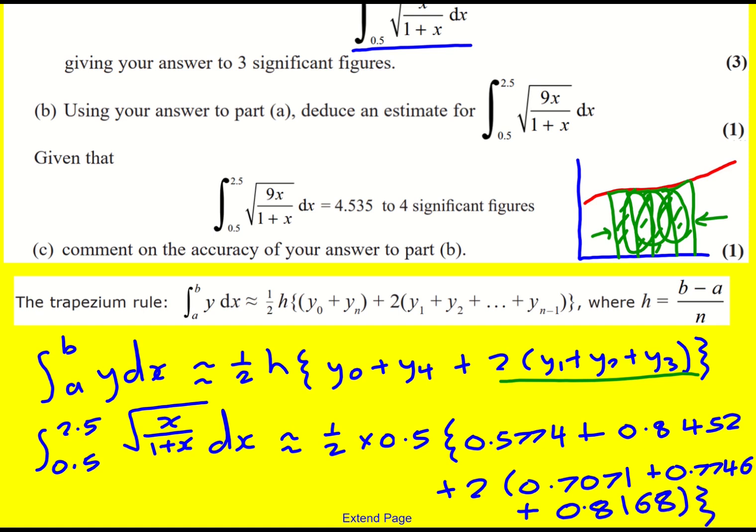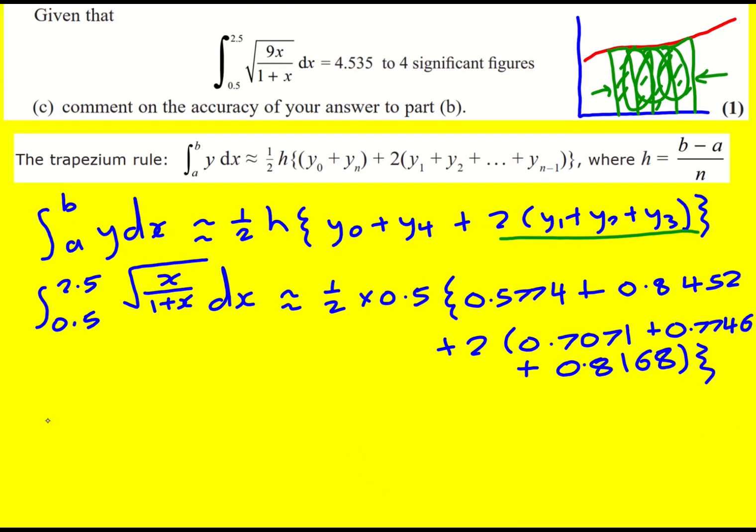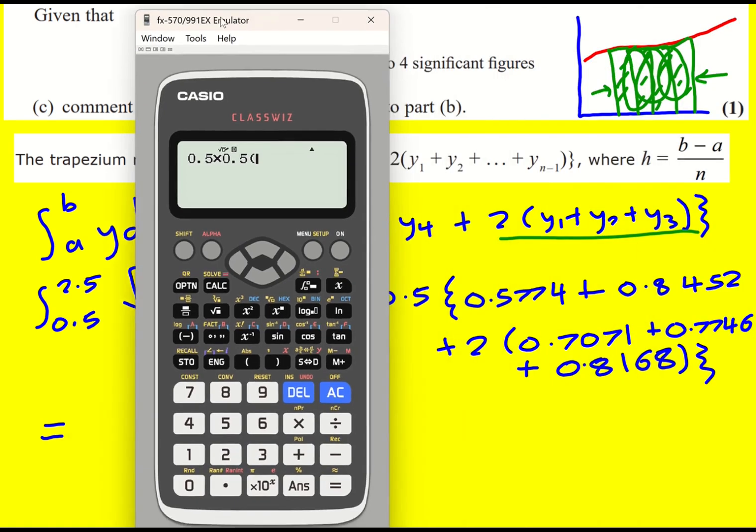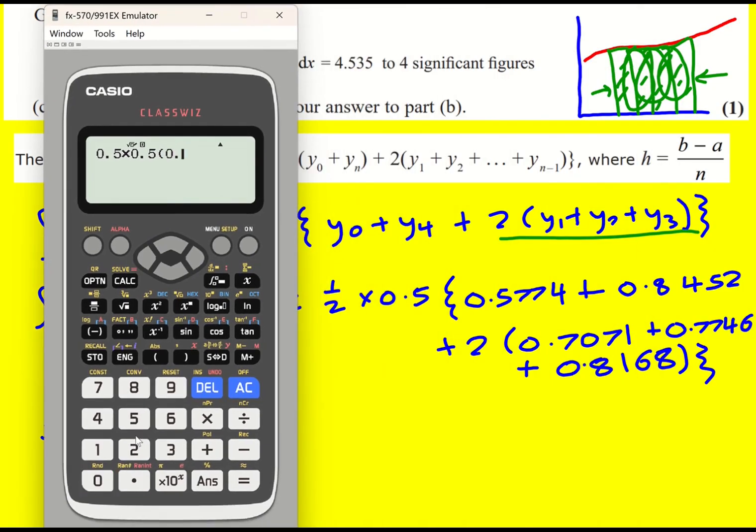You've got the idea. Okay, and then substitute this into our calculator. So half is just the same as 0.5. Just do it really carefully.